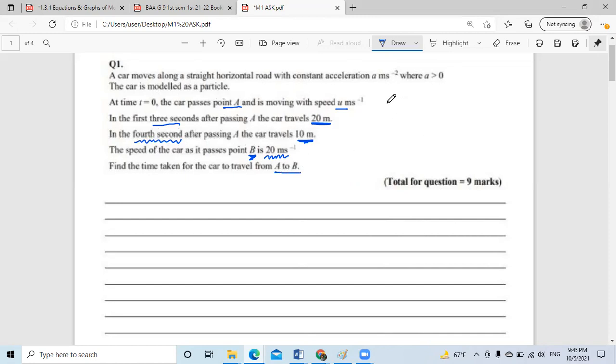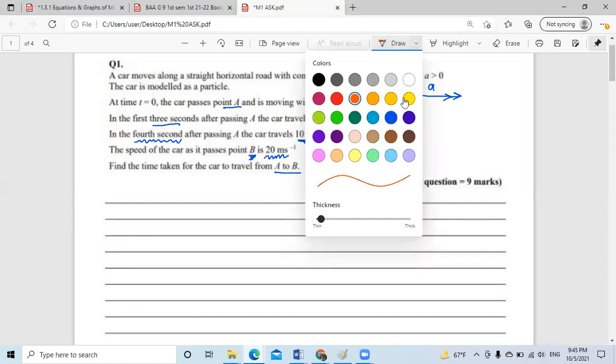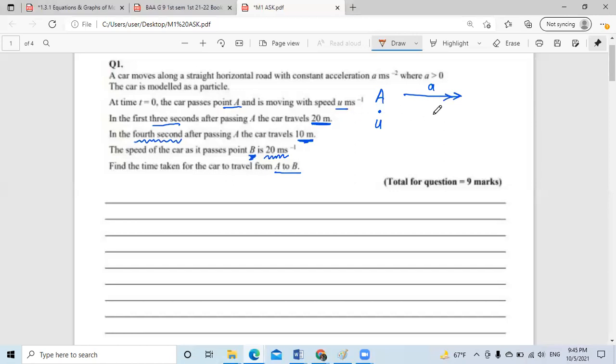Now let's see this. We have the point A somewhere here, and we have an initial speed of u. During the whole motion, there was constant acceleration. In the first 3 seconds, time equals 0, after 3 seconds it moved a distance of 20 meters.